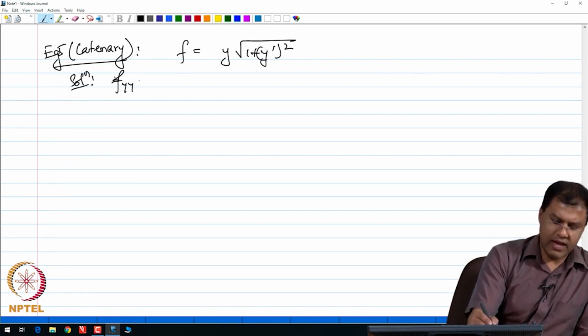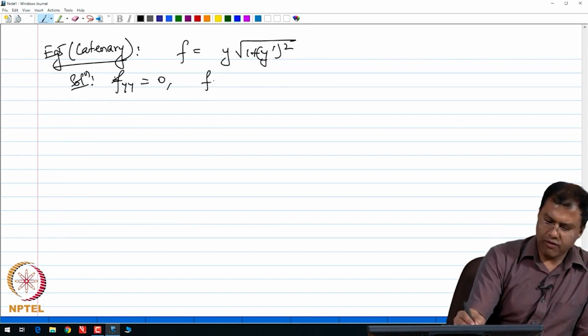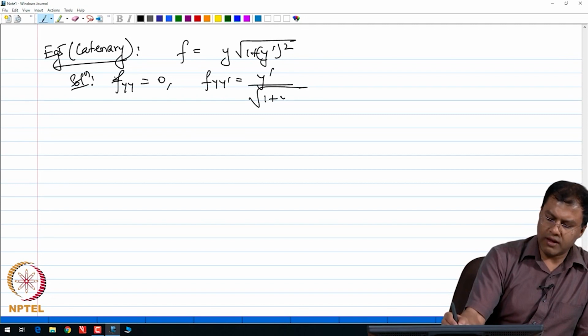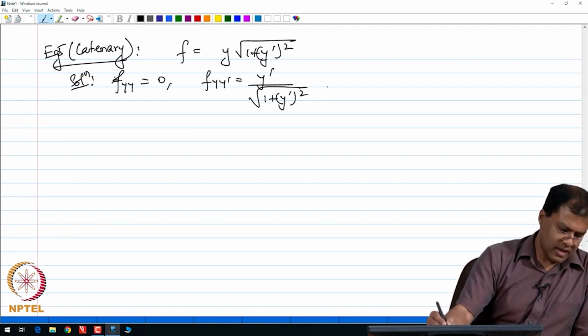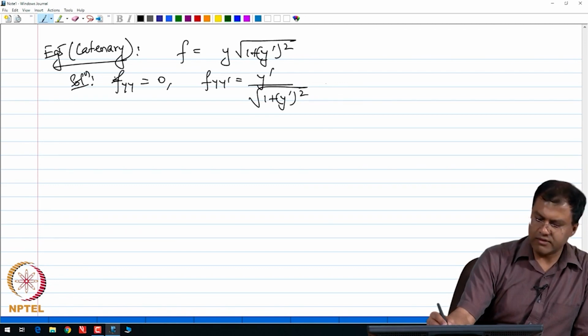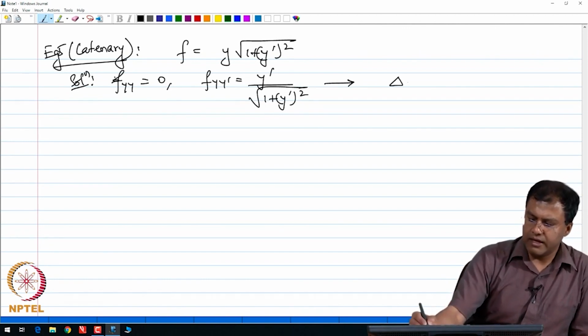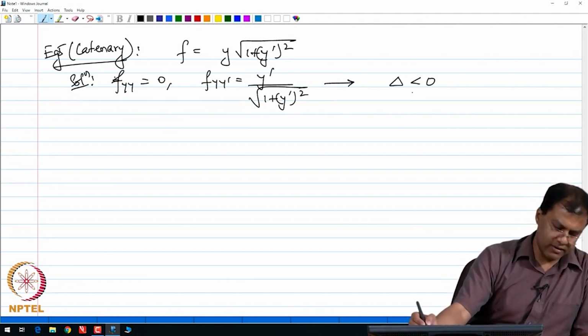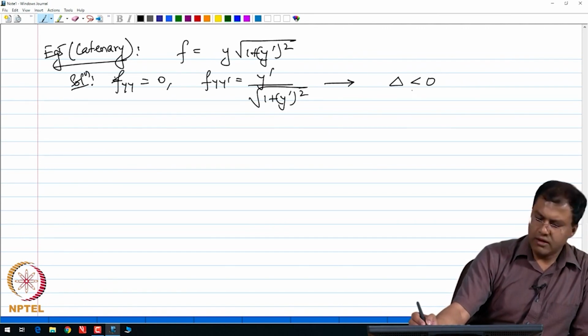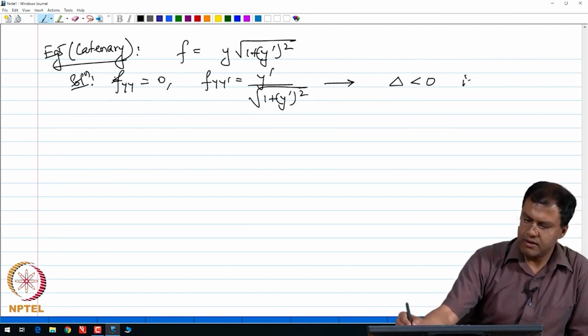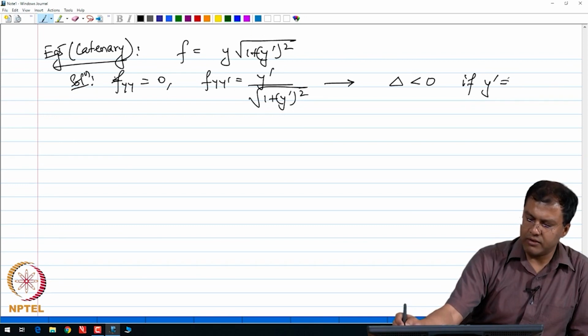So, f_yy is 0, f_yy' is y prime by square root of 1 plus y prime squared, and I see that in this case it does not matter whatever is f_y'y', my discriminant delta comes out to be negative if my y prime is non-zero.